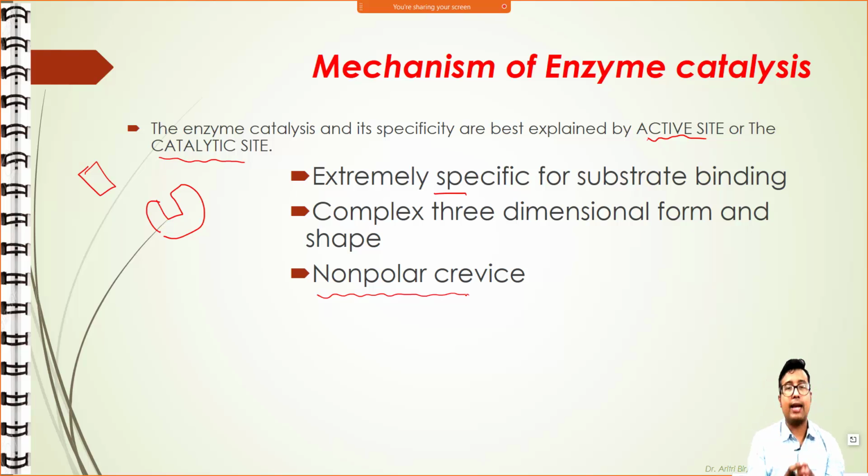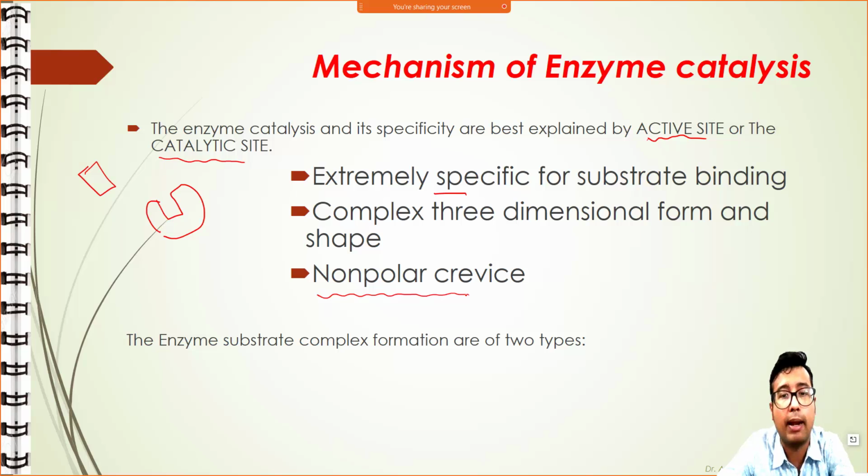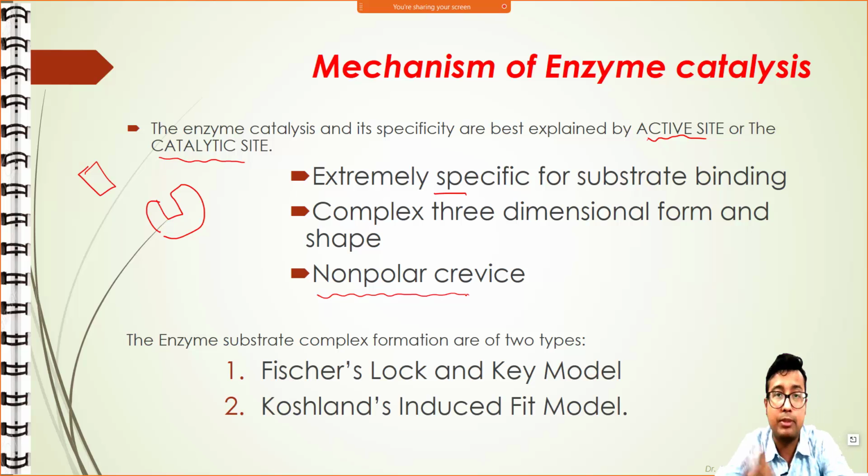You know the reaction: enzyme plus substrate forms an enzyme substrate complex, and then ultimately we get back the enzyme and we get the product. So when the reaction is about to complete, then there is some covalent binding. So enzyme substrate complex formation is of two types. There were two models that were hypothesized for how the enzyme substrate complex formation can happen.